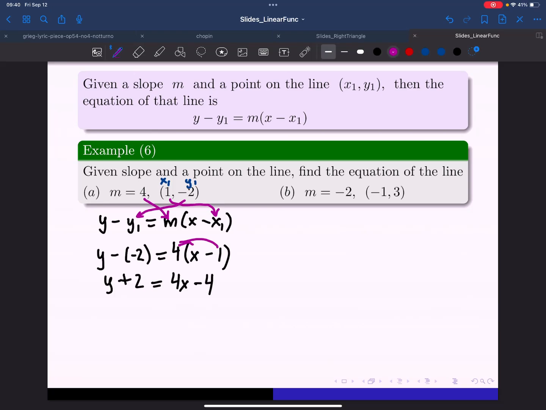Then we solve it, so we bring this 2 to the other side by subtracting 2 from both sides. What we have is y is equal to 4x minus 6. So that's the equation of the line with slope 4 that passes through the given point.